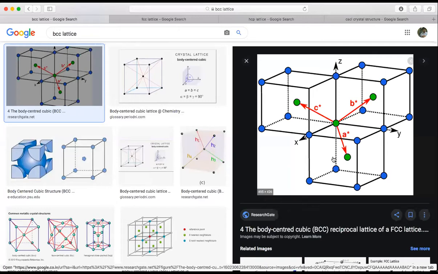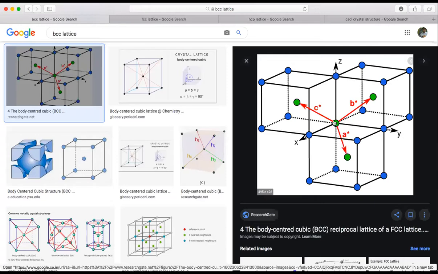Can you see my pointer? Yes, sir. Okay, so this is at the origin, let us say. These blue points are at the corners of a cube, and these green points, these 3, are at the body centers. And the primitive lattice vectors are generally taken to be these vectors.